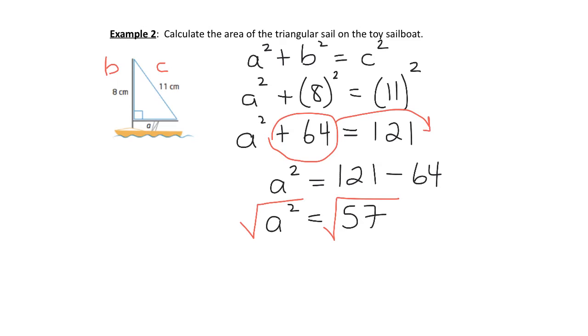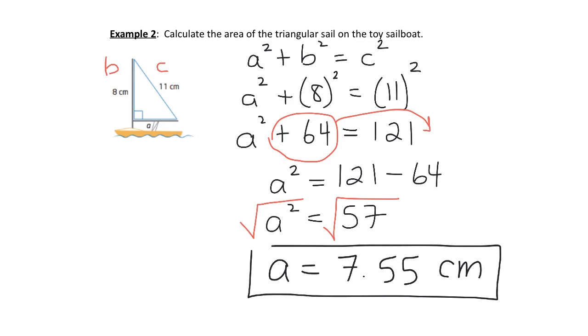So again, if I take the square root of 57, I am going to get a long decimal answer, and I'm going to choose to round my answer to 2 decimal places. And so if I take the square root of 57, that would give me approximately 7.55 centimeters. So the base of the triangle is 7.55 centimeters.